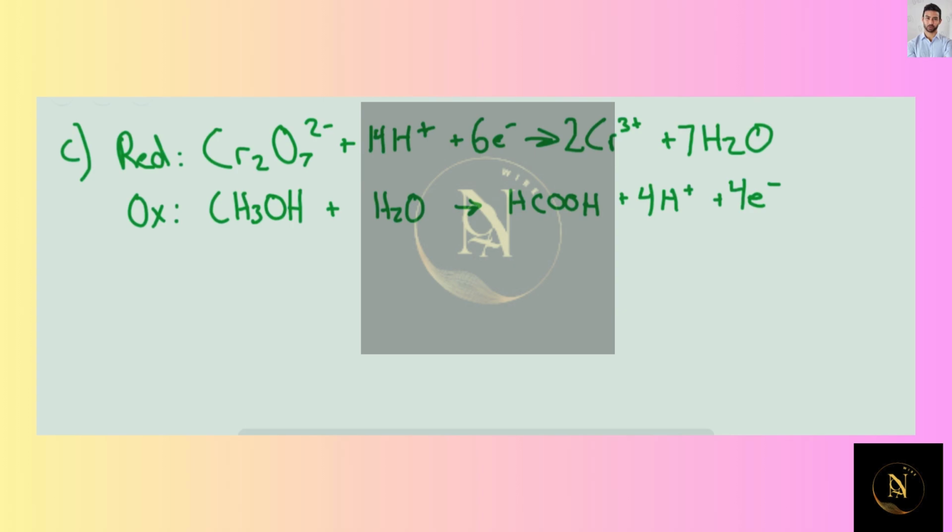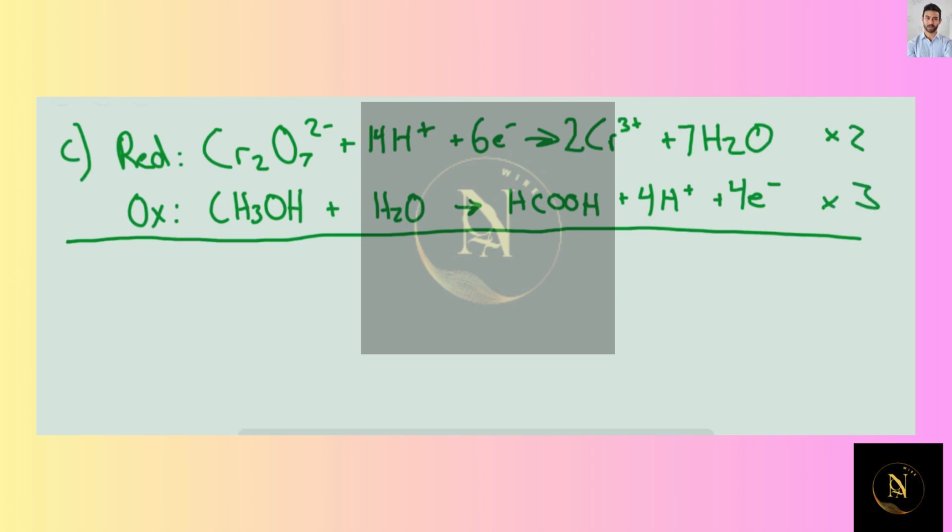So here, we can add up these reactions. Since we have 6 and 4 electrons respectively, we can multiply by 2 and by 3, so we can have 12 electrons being transferred total, and we can have them cancel out. So we get 2 Cr2O7 2-, and then we have 3 methanol, CH3OH.